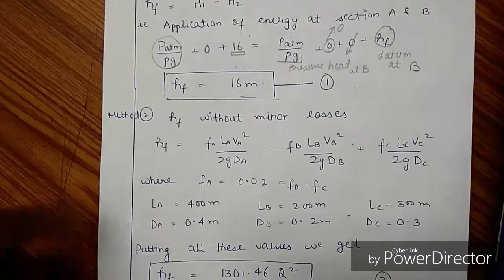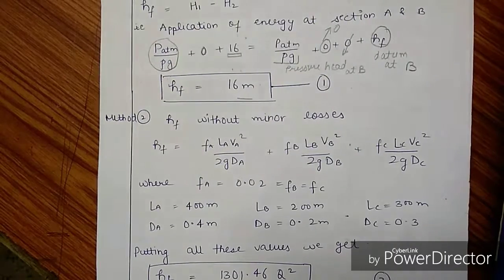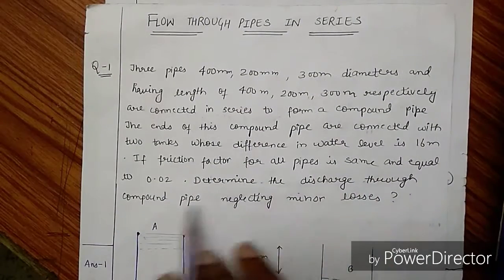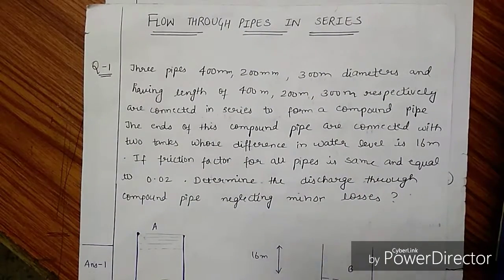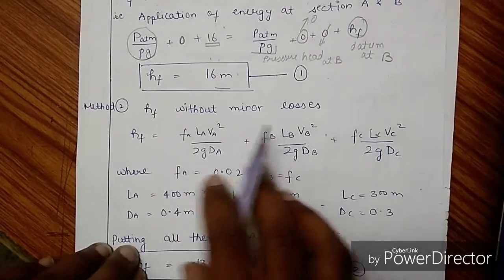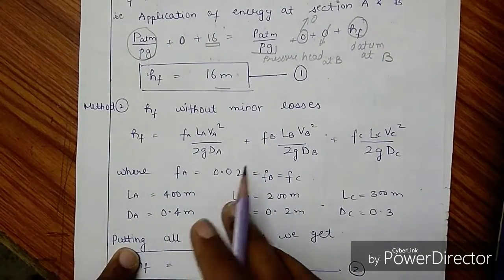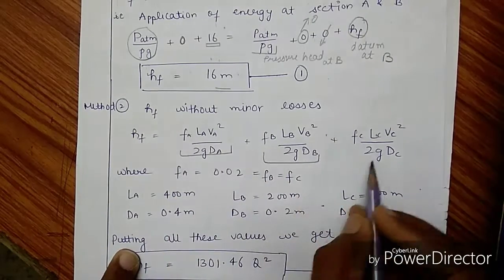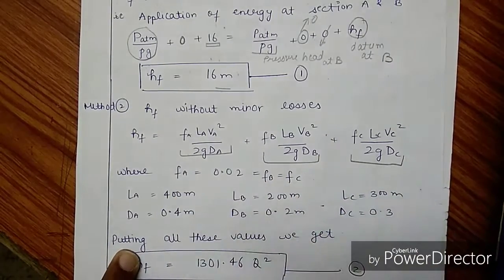Now coming to method 2. Since we are given that we have to calculate the discharge neglecting minor losses, we are neglecting the minor losses and considering only the major losses. Major losses are due to frictional loss in pipe 1, frictional loss in pipe 2, and frictional loss in pipe 3.